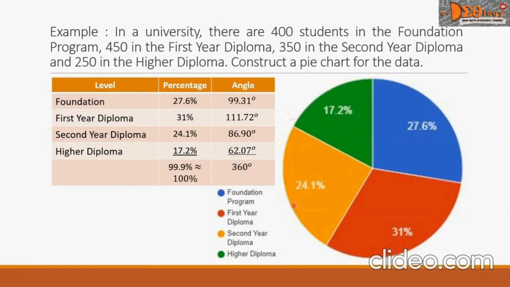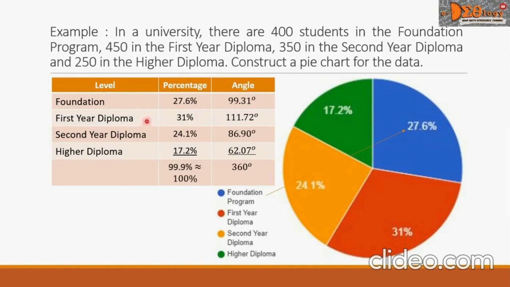Please observe that in the pie chart, we are putting the percentage for each item of the category. Let's start with the first one, the foundation. So this 27.6% is written here. And for the angle, 99.31 degrees, it is estimated in the central angle.